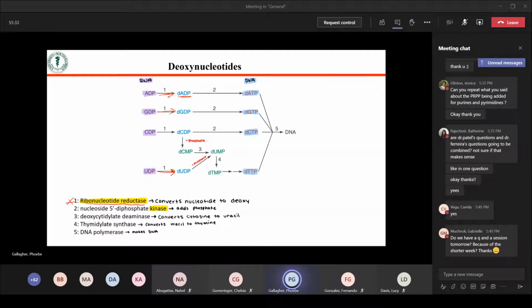Hence why you'll make this deoxy UDP, which is not something you'd find in DNA. And then from there, you're going to have a kinase. I don't think it's super important to memorize the name of this kinase. Just understand that it's a kinase, which then adds a phosphate to make it a 3-phosphate group, so an ATP in this example. And that's what you would use for DNA.